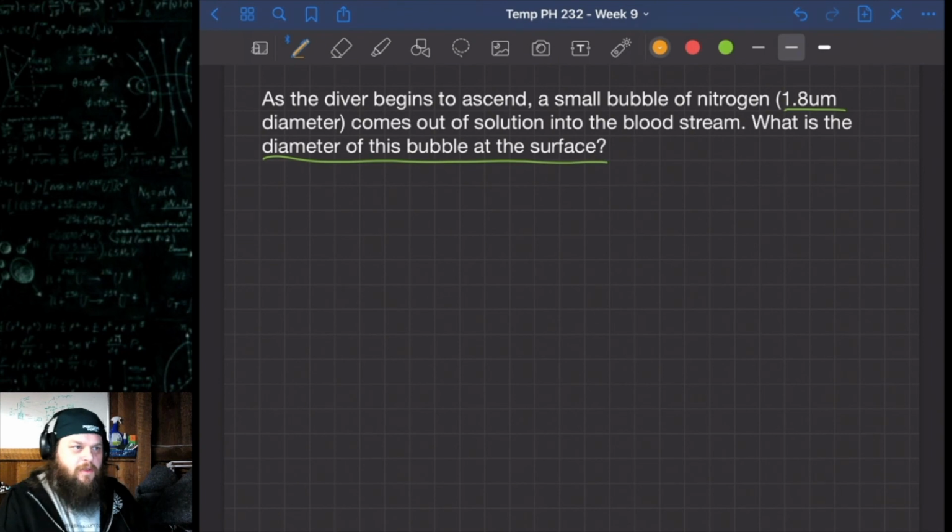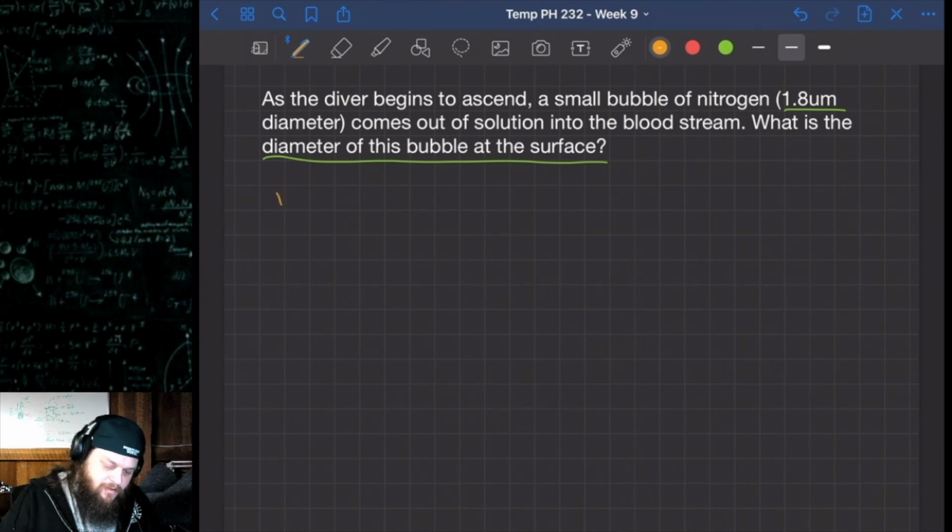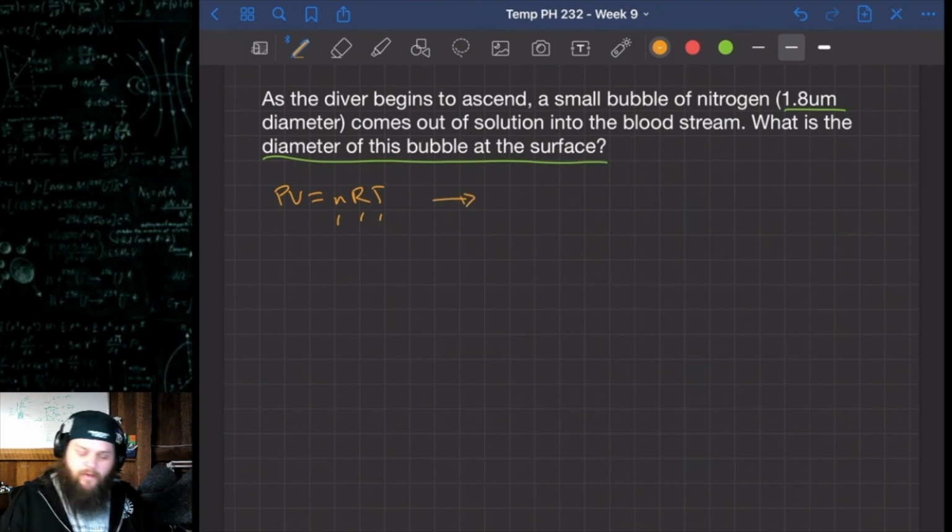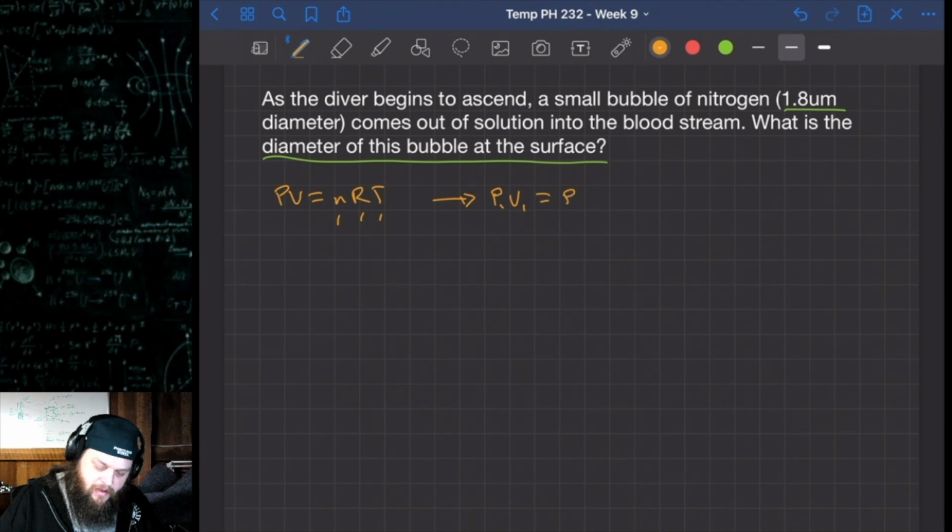So to do this, we need to use the ideal gas law, which is really PV is equal to nRT. Since a few things stay relatively constant, we can use this as the change in pressure versus volume. So we can say P1 V1 is equal to P2 V2.